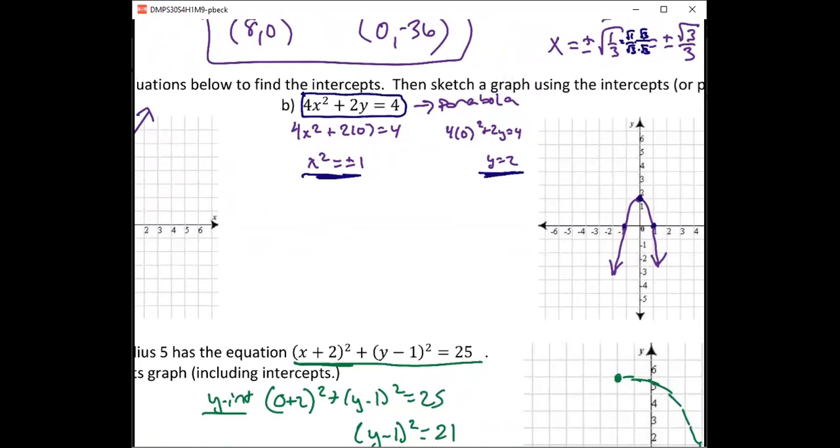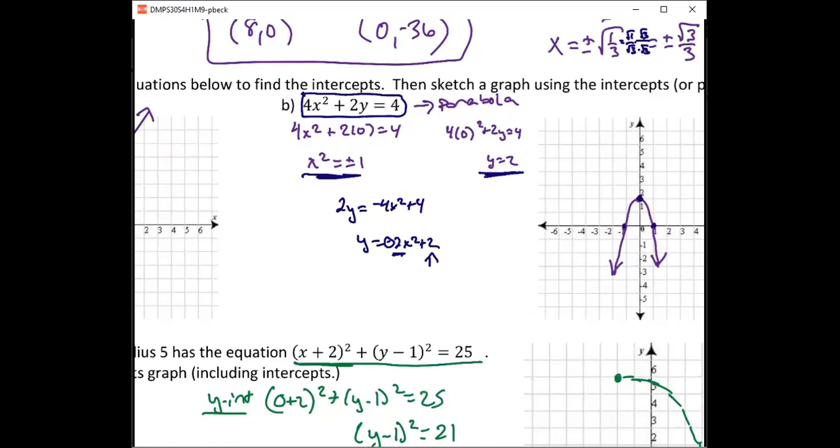Well, what you can do instead is go ahead and do this algebraically to say 2y equals negative 4x squared plus 4. So y is negative 2x squared plus 2. If you remember, this negative 2x squared plus 2, doing translations, is a vertical shift up 2 and a dilation of 2 reflected over the x-axis.